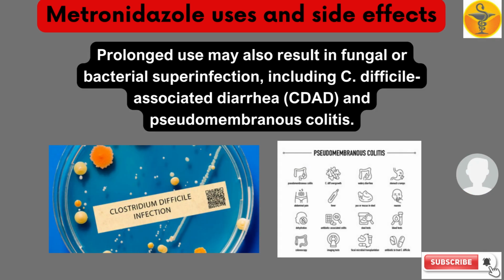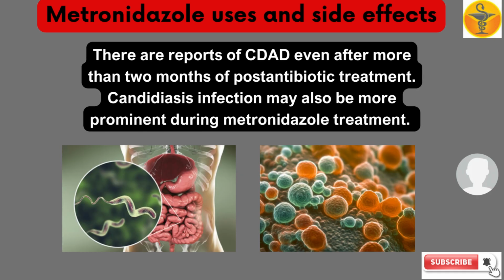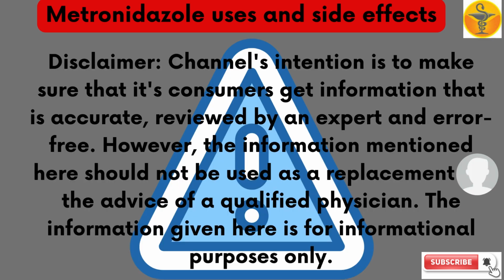Prolonged use may also result in fungal or bacterial superinfections, including C. difficile associated diarrhea (CDAD) and pseudomembranous colitis. There are reports of CDAD even after more than 2 months of post-antibiotic treatment. Candidiasis infection may also be more prominent during metronidazole treatment.